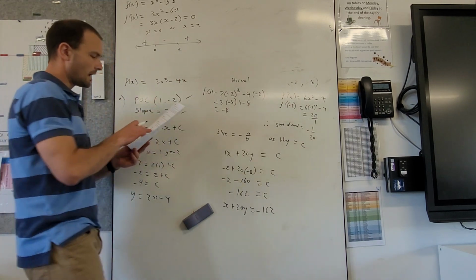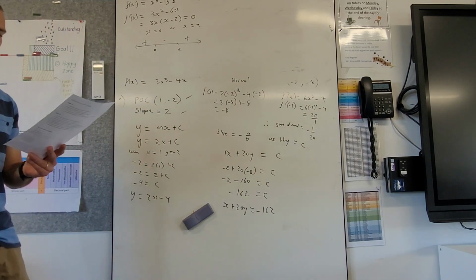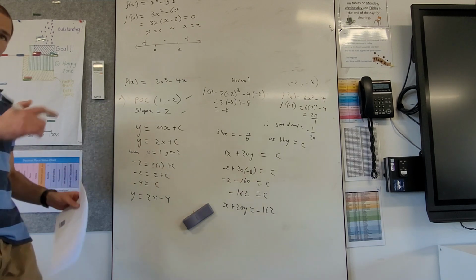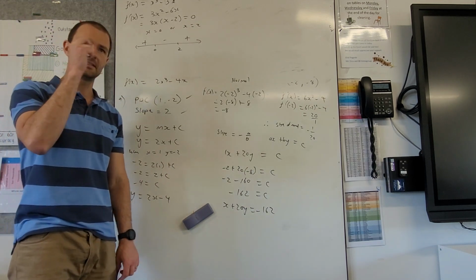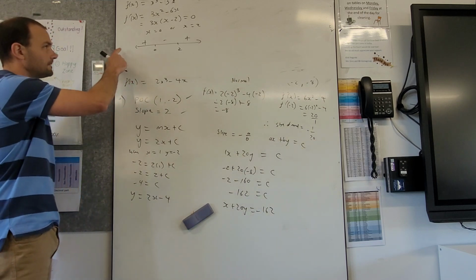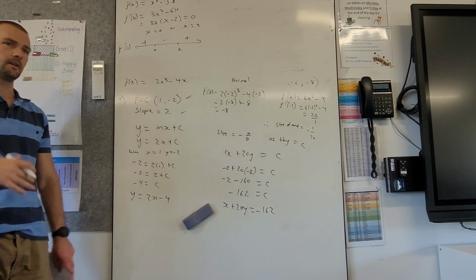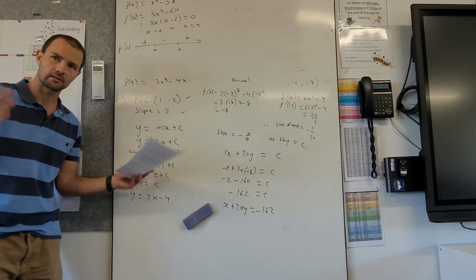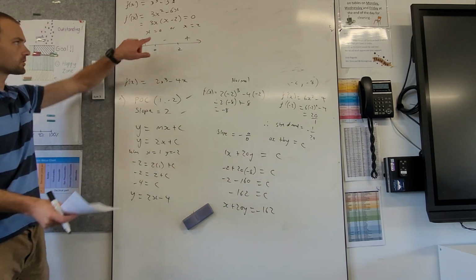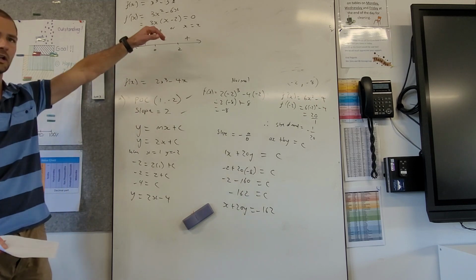Okay, so then we're asked, hence state intervals when the function is increasing. So the function f of x is increasing when f dash of x is positive, right? This is the sign diagram of f dash of x. F dash of x is the slope function. Positive slope means you're walking uphill.